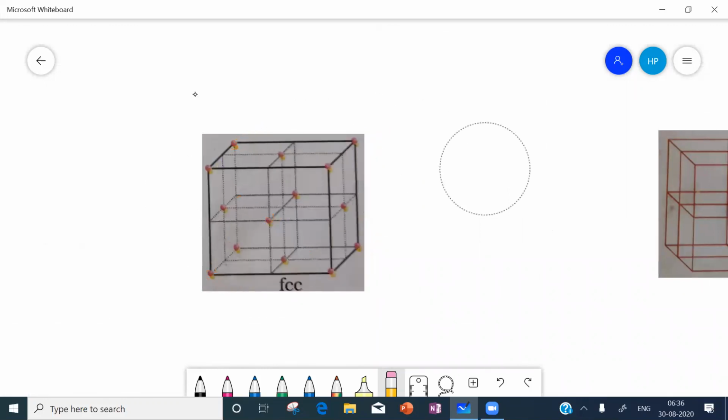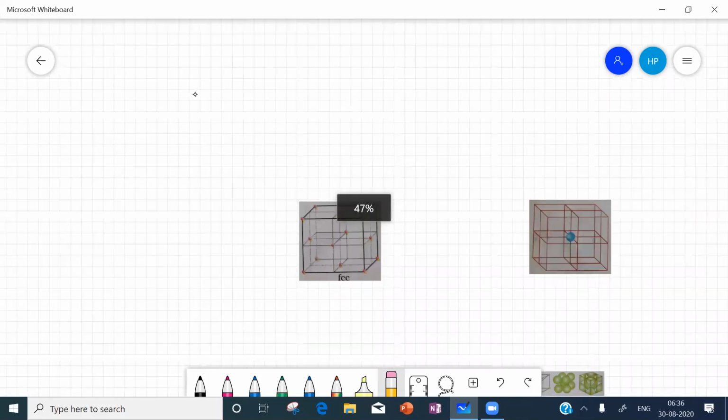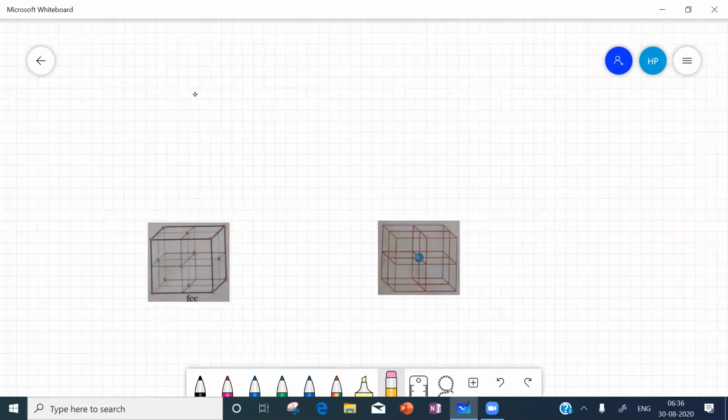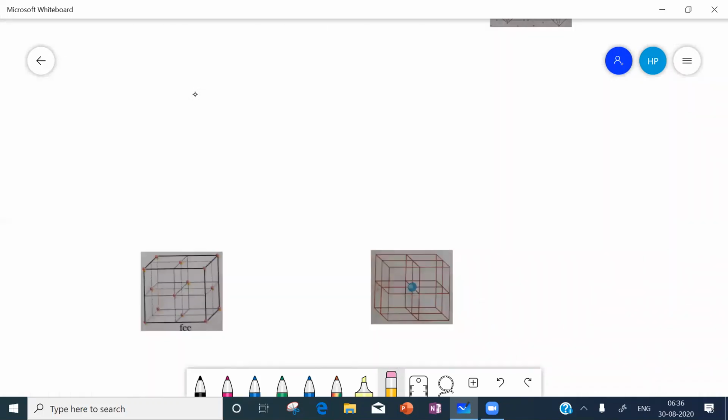What do you say regarding this? So now we have taken the CaF2 crystal structure. You are saying alternative. We will check whether it is correct or wrong.